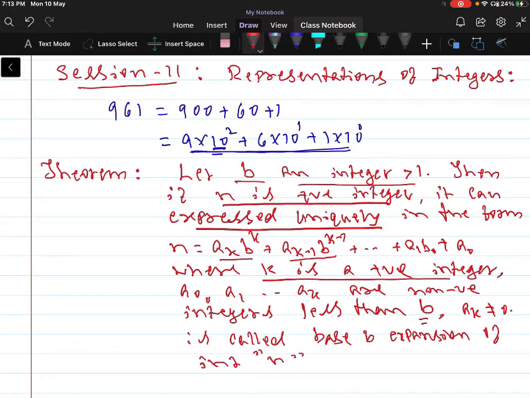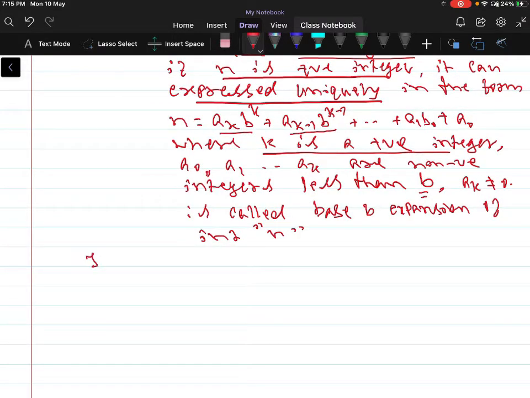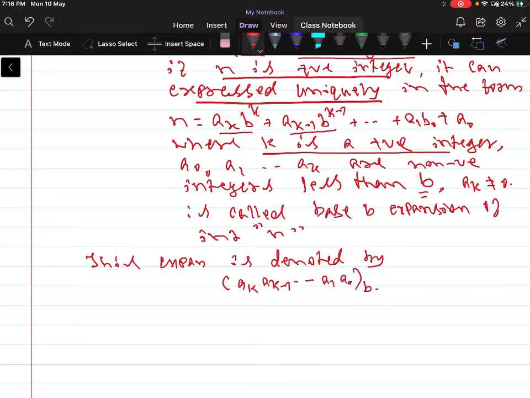For example, we can observe that n equal to 961 can be written as a decimal expansion. The expansion is denoted by a_k, a_(k-1) and so on a_1, a_0 with base b.